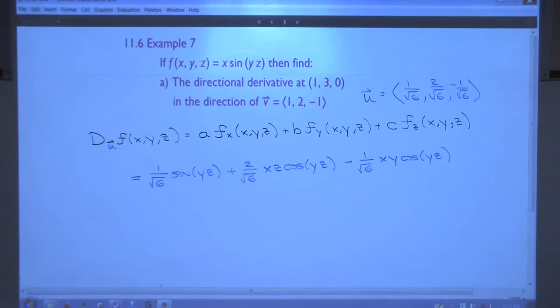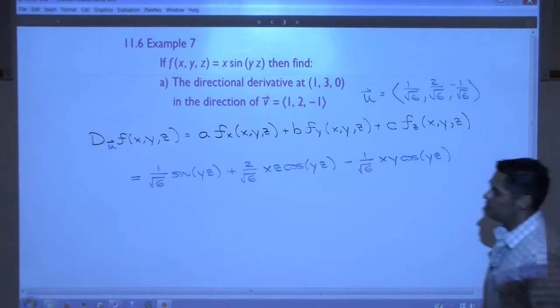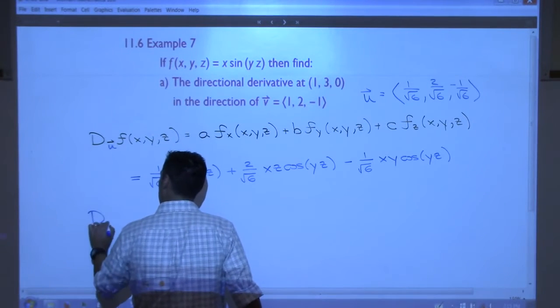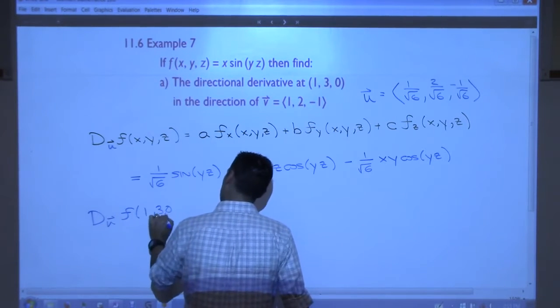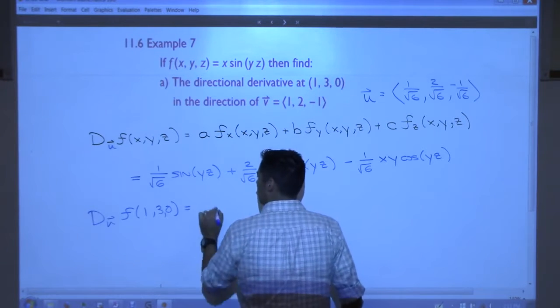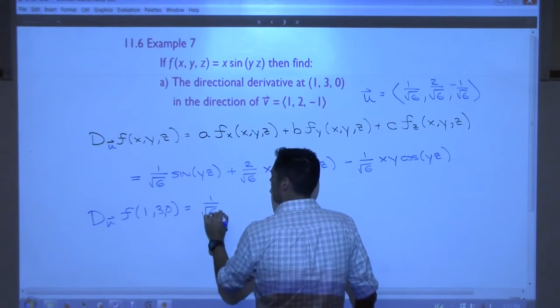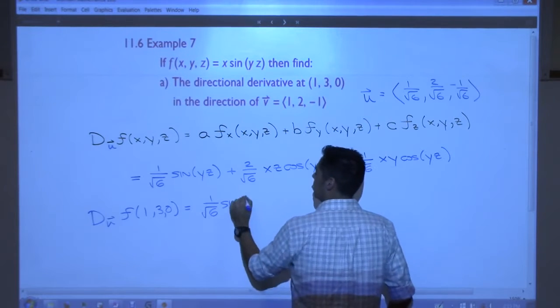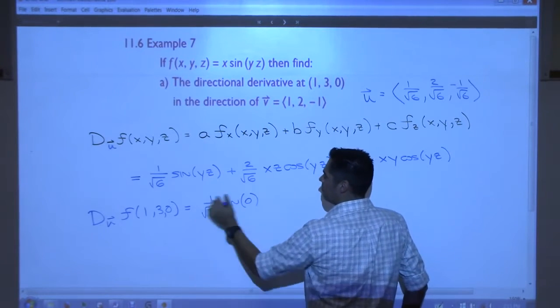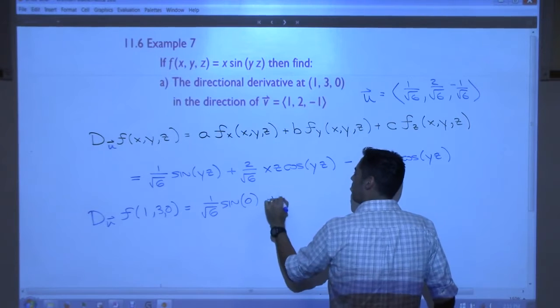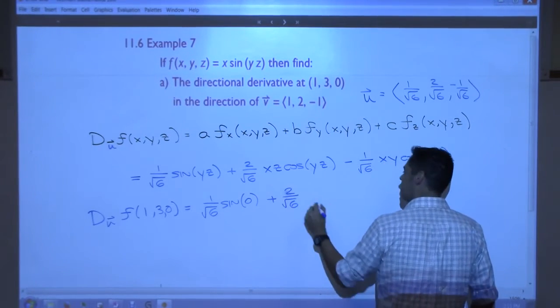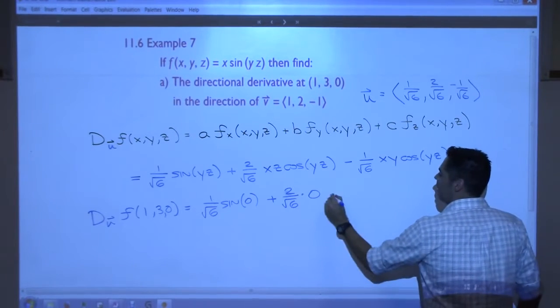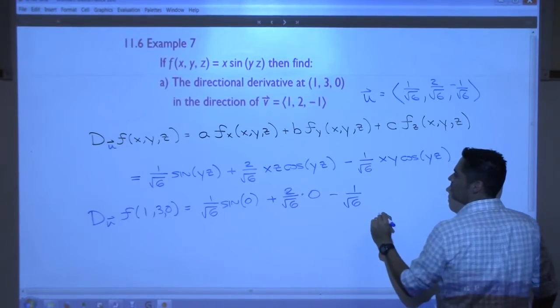And now I'm going to plug in (1, 3, 0), right? So the directional derivative in the direction of u of the function at (1, 3, 0) is 1 over root 6 sine of 0, because z is 0. That's all gone, isn't it? Plus 2 over root 6 times 0 again. Minus 1 over root 6.